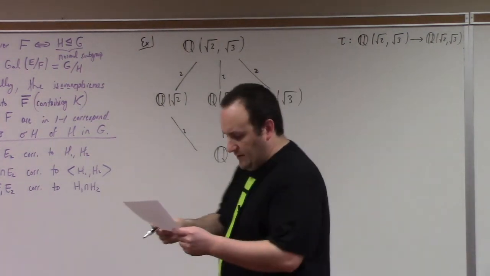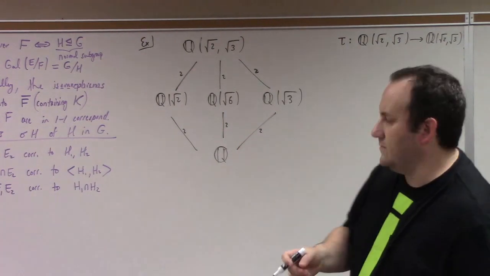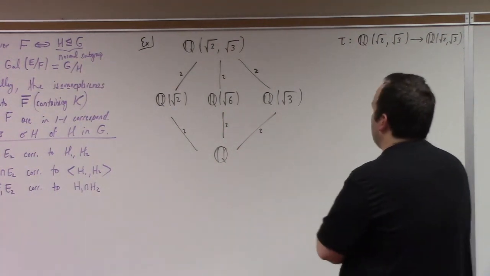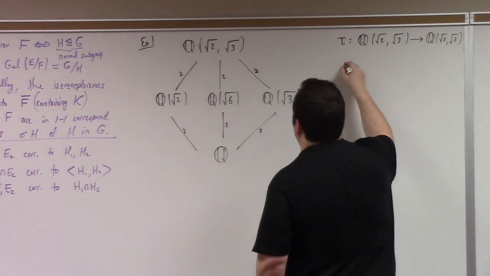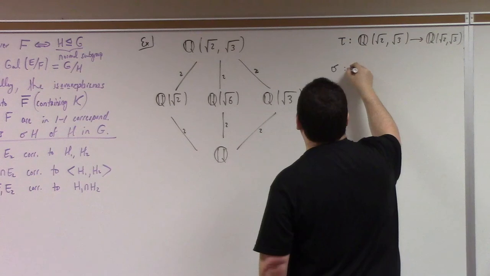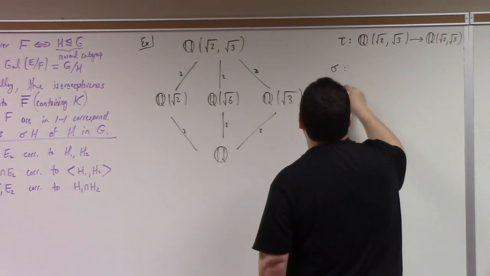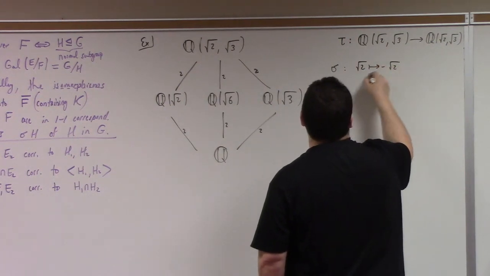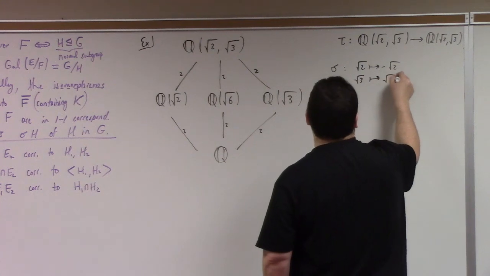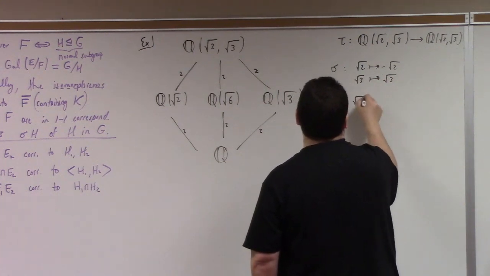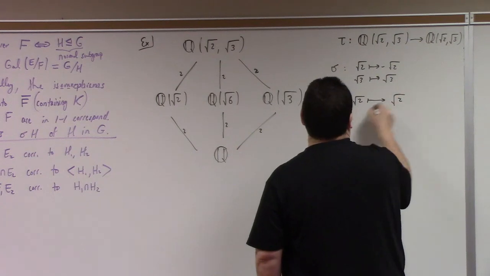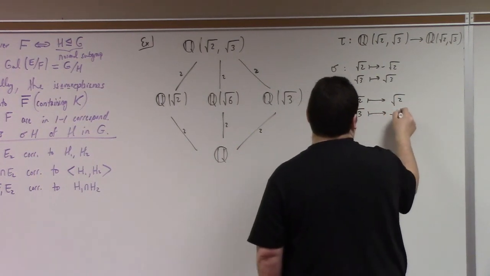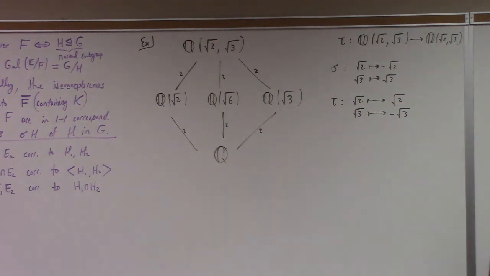I think we've gone through this another day. It's K4, right? We had sigma, which took root 2 to minus root 2 and fixed root 3. And then we had tau, which fixed root 2 and flipped the sign on root 3, sending it to minus root 3. And then sigma tau changes the sign on both.